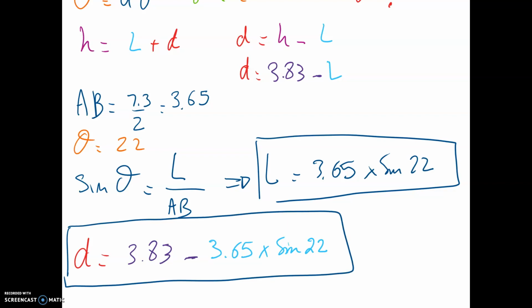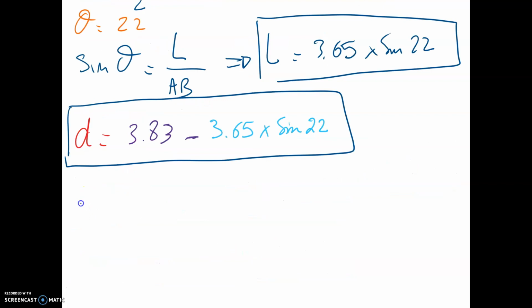I'll let you use the calculator and you will find the right answer. The answer d is equal to 2.47 centimeters. All right, guys, I think I'm going to stop right here. When you are substituting the values, make sure that your calculator is in degrees, because 22 corresponds to an angle in degrees, and you end up with d equal to 2.47 centimeters.